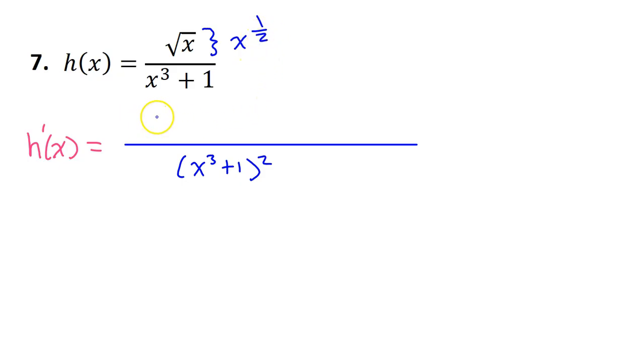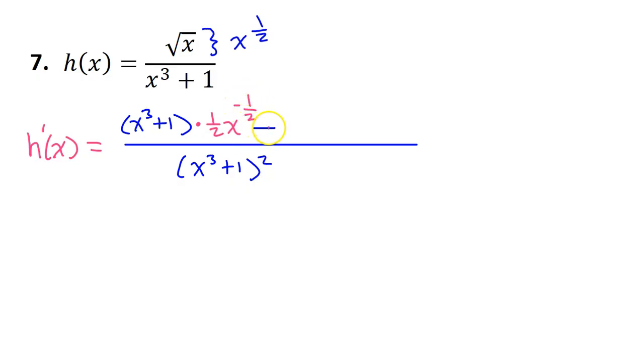In the numerator, the quotient rule goes low d high, less high d low. Maybe I'll just go ahead and put the minus sign right here. So low is the x to the 3rd power plus 1. D high is the derivative of the numerator, which is going to be 1/2 x to the negative 1/2 power.